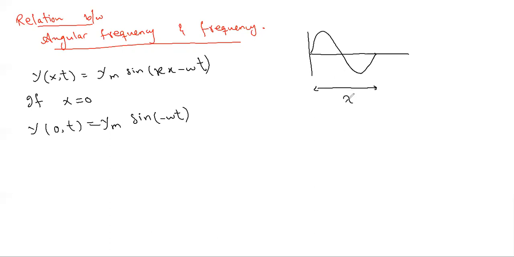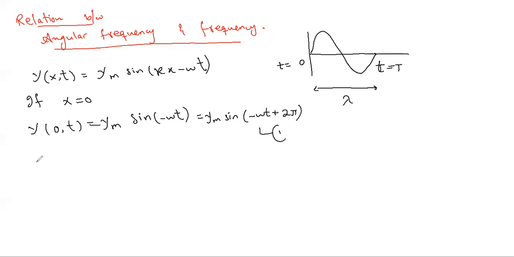So this is lambda, and after time capital T, if it starts from t equal to 0, then at time small t equal to capital T, the wave will reach its initial position, and the total phase it will cover during this journey will be 2 pi. So I can write the same equation as y_m sine of (minus omega t plus 2 pi).